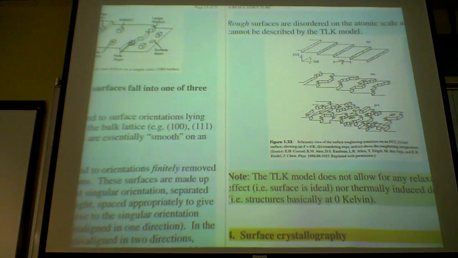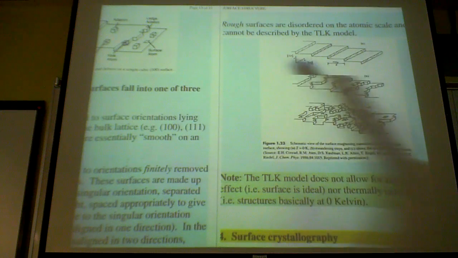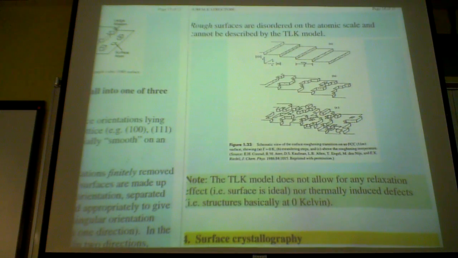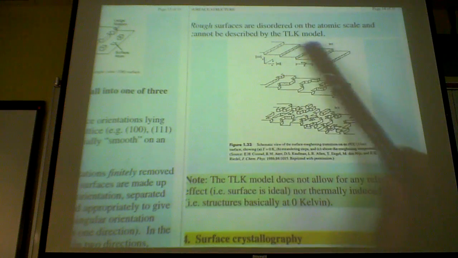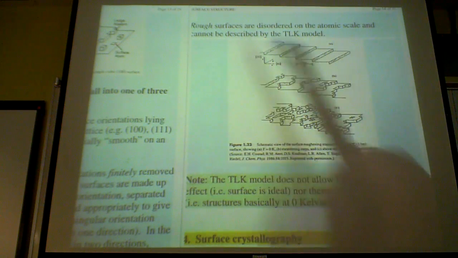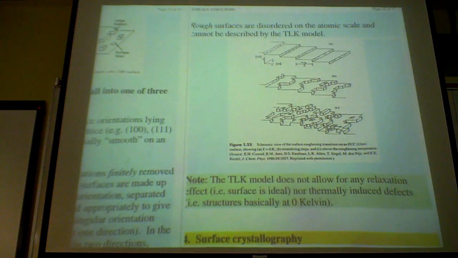Now, of course, these are idealized, meaning that they are at absolute zero. If you warm it up, what happens is that you roughen the surface. The atoms start to move because you are introducing thermal energy. You would create something called rough surfaces. That's the third type in the TLK model. They are totally disordered.